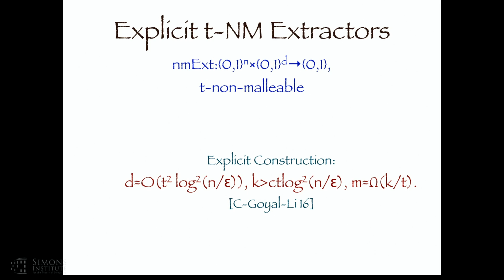Even here, the dependence on epsilon is log 1 over epsilon. For t, you can show that the seed length depends logarithmically on t. And for the min-entropy, this is off by a factor of 2, but now the best known is, I think, log n times log n.